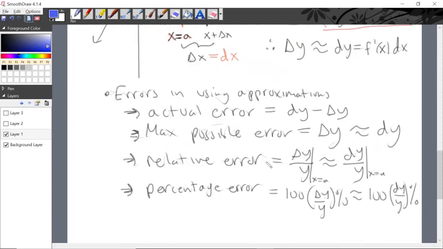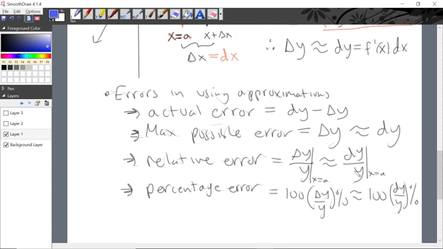The relative error, I mentioned previously, is if we take what the maximum possible error was, which is often approximated by dy, and divide that by what y was equal to at the fixed point, you get a relative error. So the error that you find is what proportion of the quantity you're dealing with. If we have an error in a measurement of 1,000 miles, that sounds like a large amount.